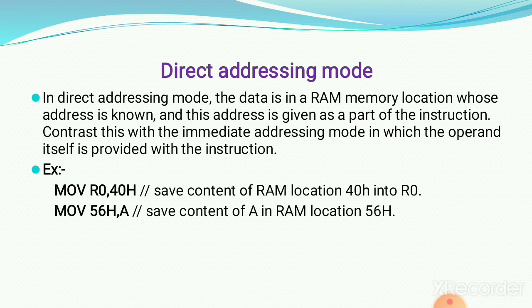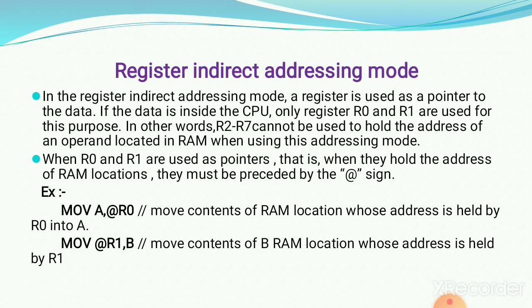Next one is register indirect addressing mode. Indirect addressing is a very powerful addressing mode which in many cases provides an exceptional level of flexibility. In this addressing mode, only registers R0 and R1 can be used as a pointer for the indirect operation.